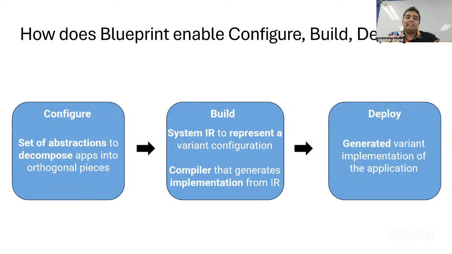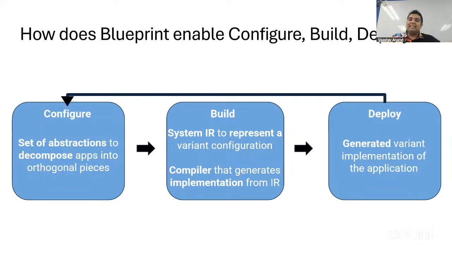These generated systems can then be deployed and used for experimentation or as a target for evaluation. And researchers can iteratively perform these steps to generate as many variants as they require for carrying out their research.